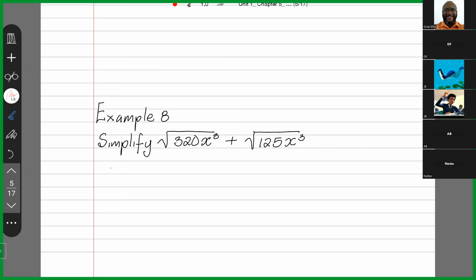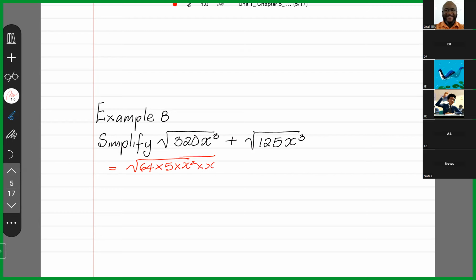So I know that this is the same as saying the square root of 64 times 5 times x squared times x.